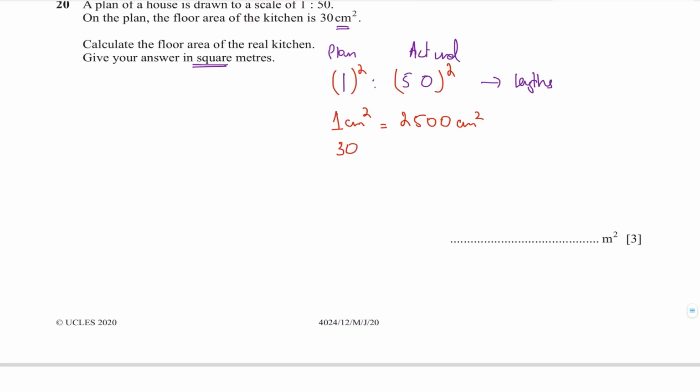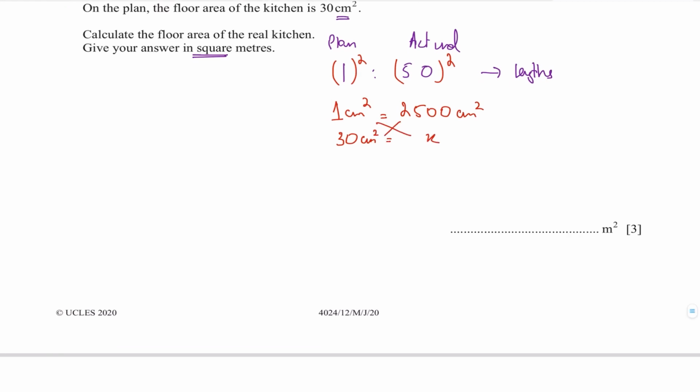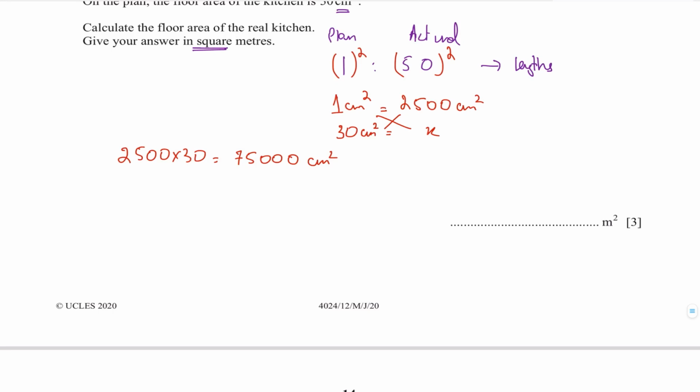So now I can place 30 just under 1, so 30 centimeters square. And then what's the actual area? We don't know that, so we're just going to write x here. So 2500 times 30 is going to give me 75, since that's what 25 times 3 is, and then I'm going to place 3 zeros, centimeter square. Now how do you convert centimeter square to meter square?